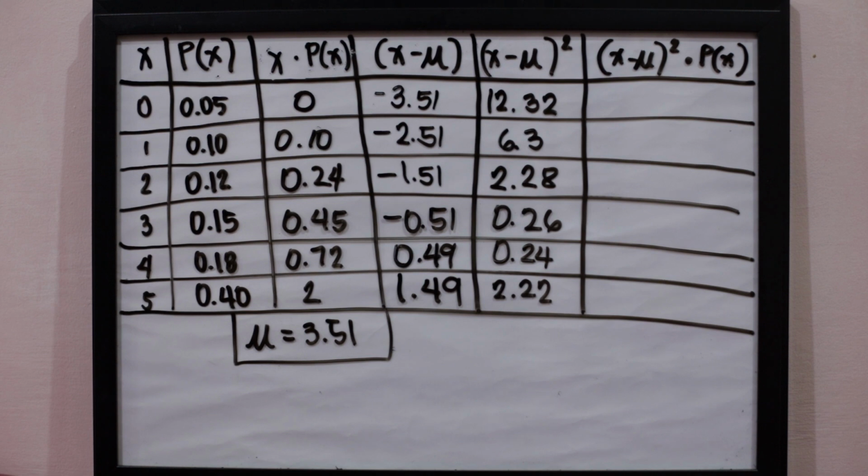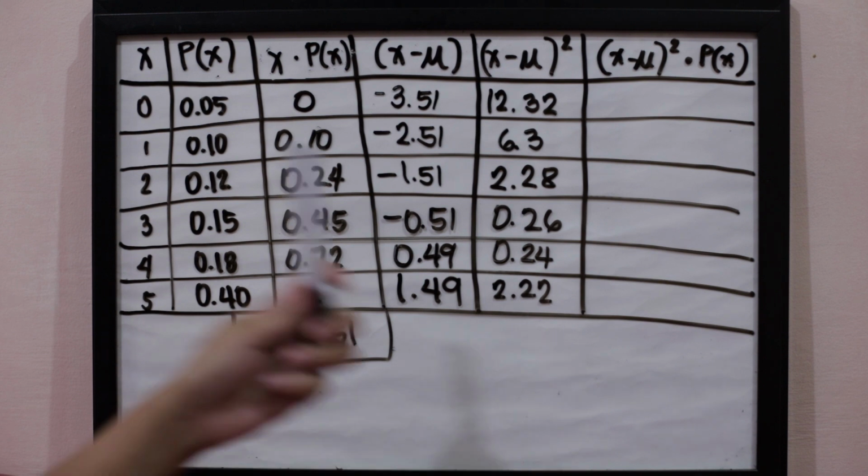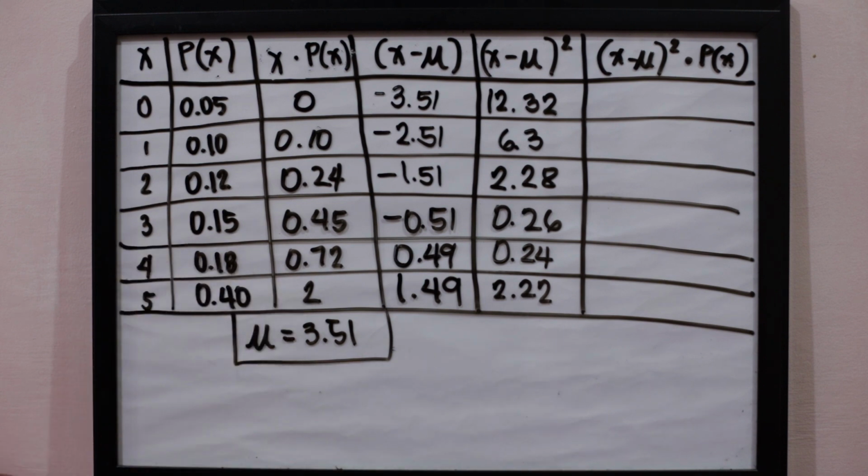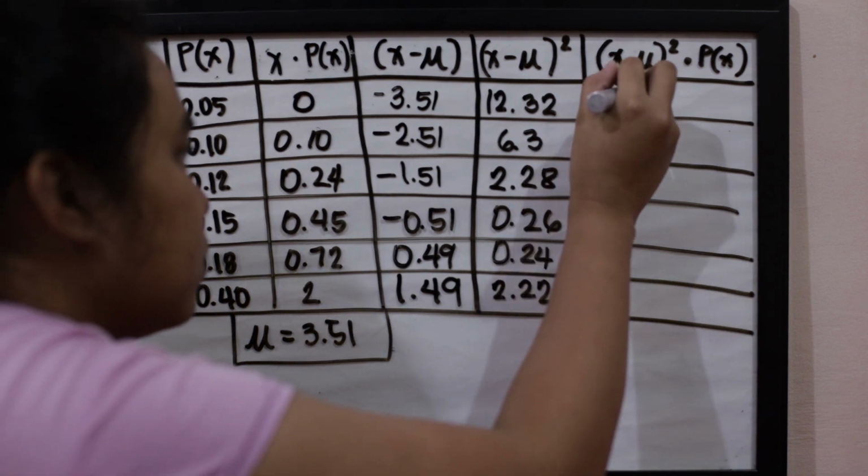Next, we multiply this column by the probability column. So, 12.32 multiplied by 0.05, the answer is 0.62.